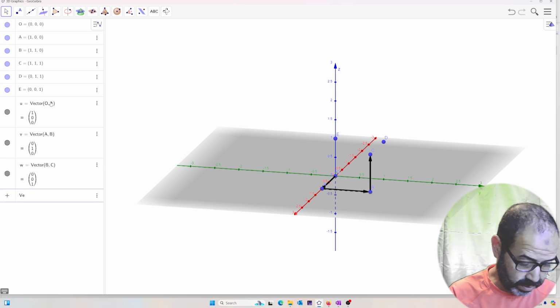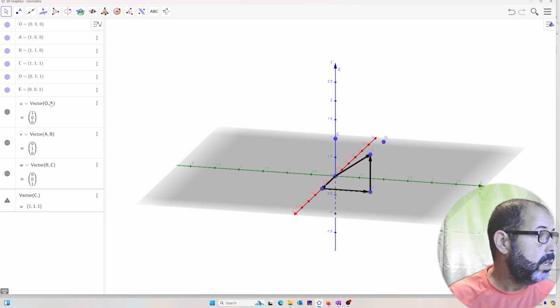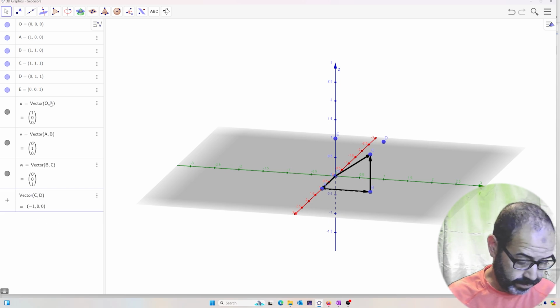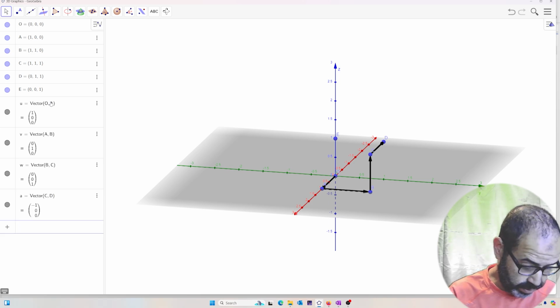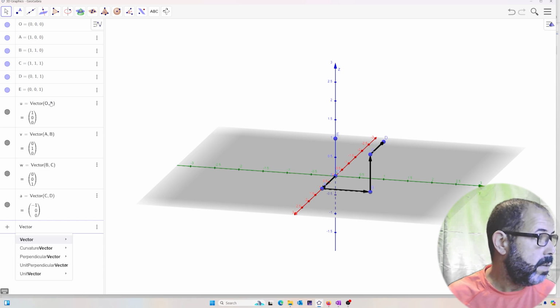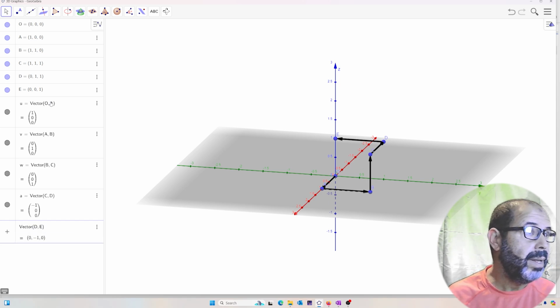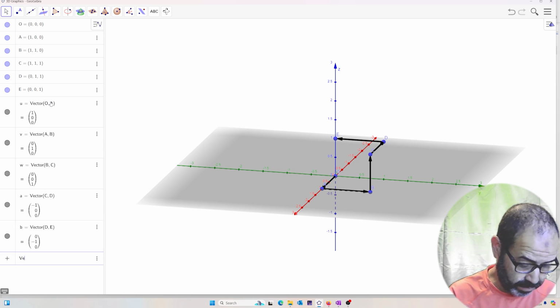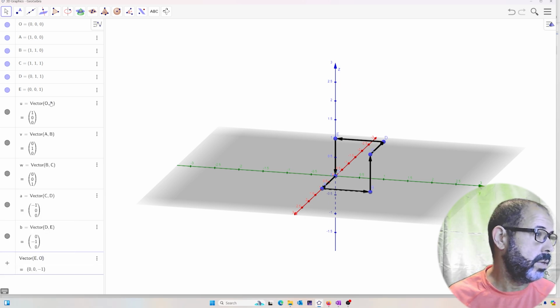The vector from C to D, I think that's the name I gave. The vector from D to E, and finally the vector from E to O, to the origin.